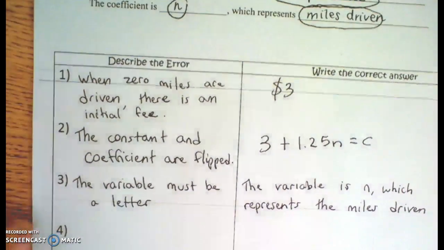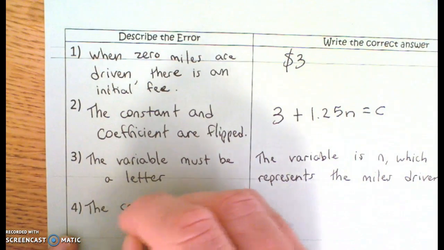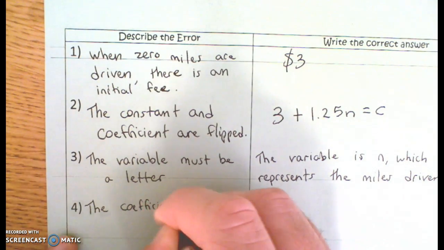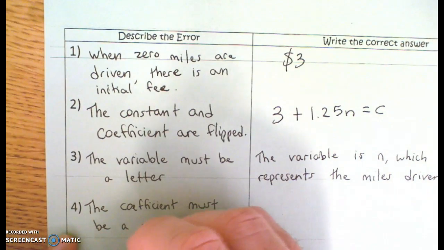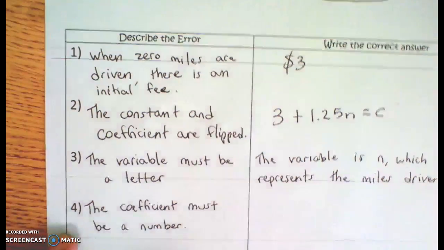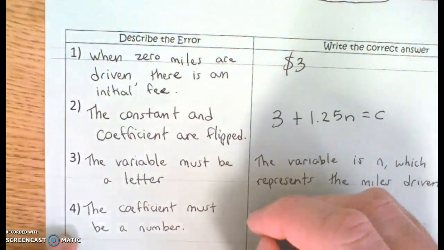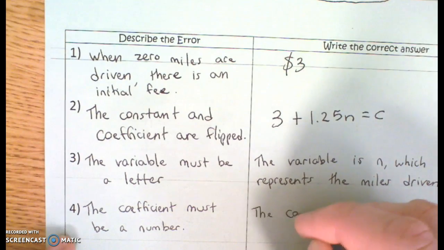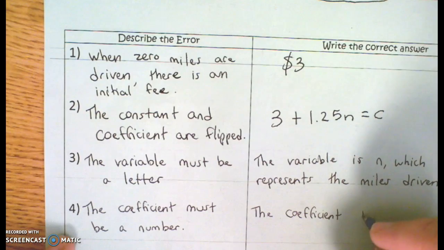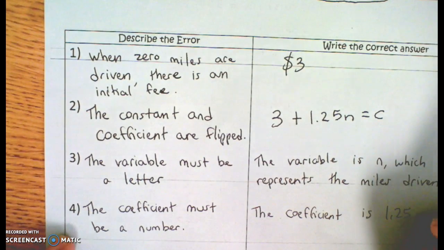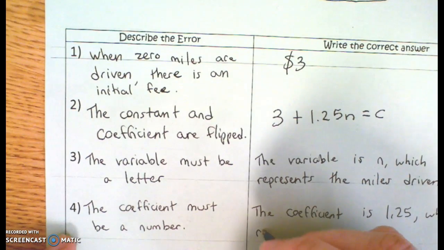And then for 4, the other error we found was that the coefficient must be a number. And the coefficient is $1.25, which represents the cost per mile.